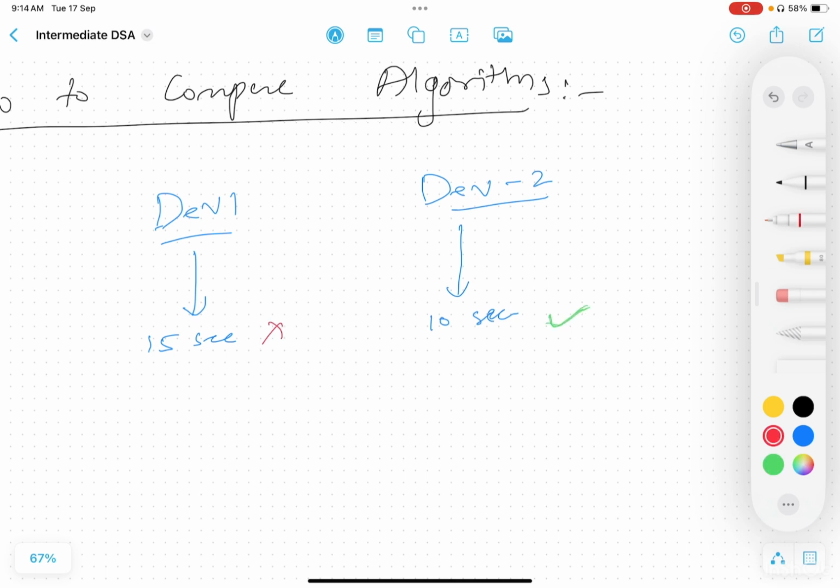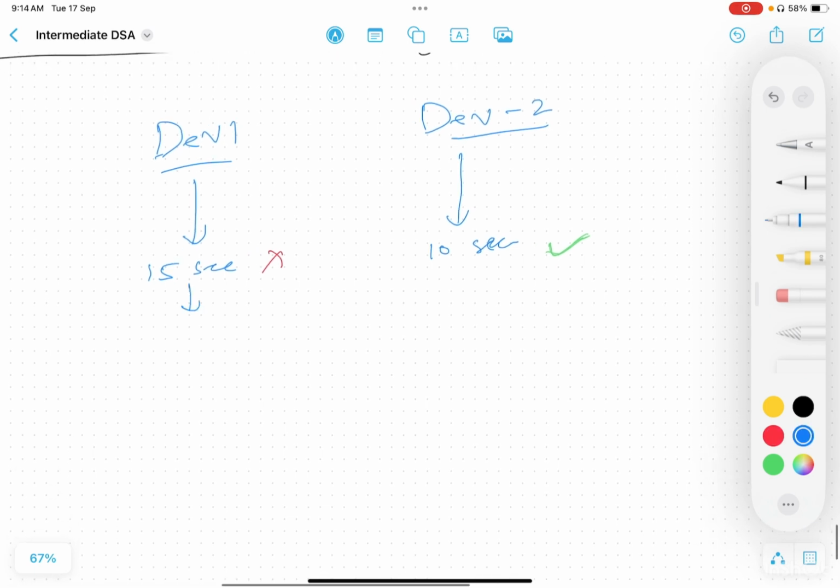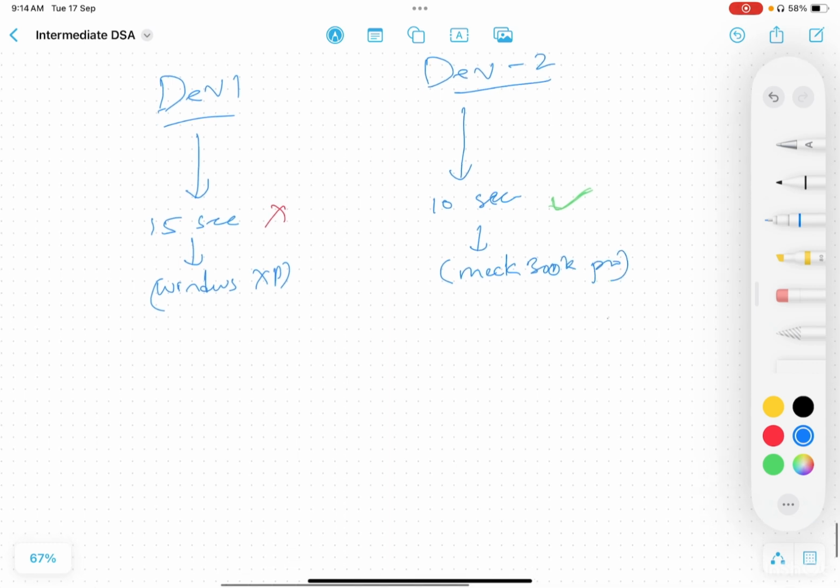Developer 1, no. But if I say developer 2 is using Windows and developer 1 is using some MacBook Pro. It's not fair. Even developer 1 should use MacBook Pro. You argue with me.